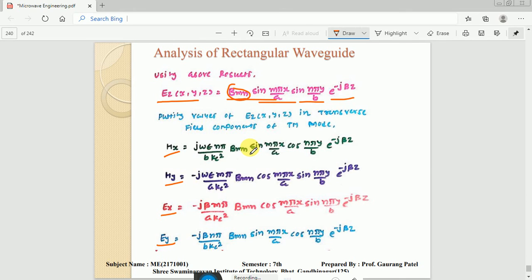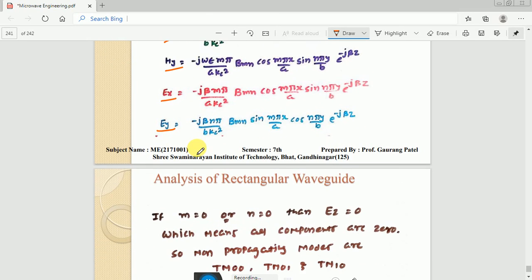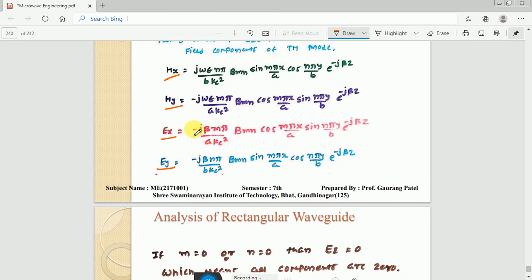Similarly, we will get all these components that are given over here, Hy, Ex and Ey. So we got the field components Hx, Hy, Ex and Ey for TM mode in rectangular waveguide. Now here you can see the particular field components Hx, Hy, Ex, Ey depend on the values of m and n.